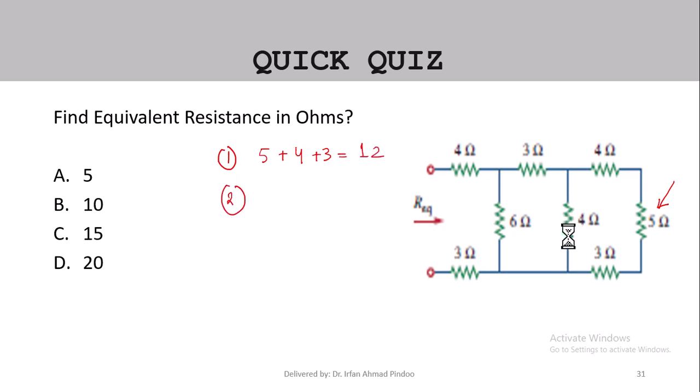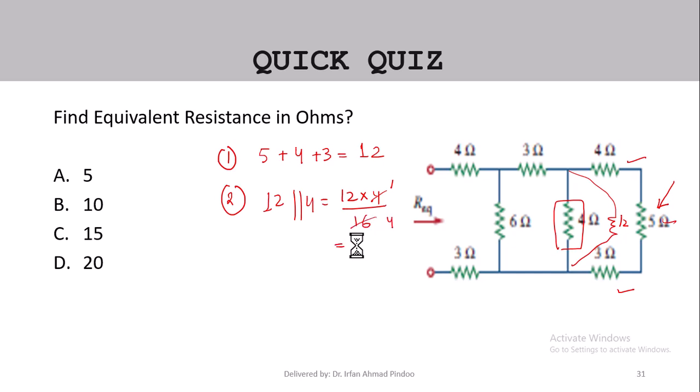Now we got the equivalent of these three as 12, and this 12 and this 4 are in parallel. What is 12 parallel 4? You use the formula R1 R2 divided by R1 plus R2, so 12 times 4 over 16, which is equal to 3 ohm, right?